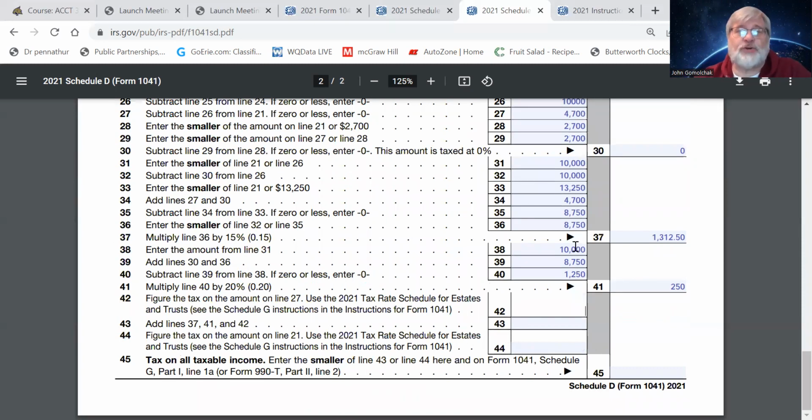So, I need a piece of paper now. Okay, so let's go back. We know that the number is 4,700. Now we have to, unfortunately, stop sharing and go back to the instructions. I have to share again.